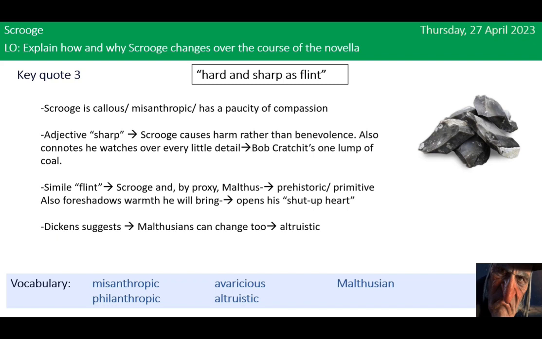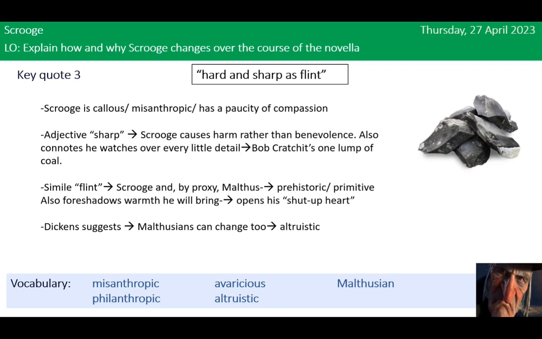Next quote, hard and sharp as flint. Scrooge is callous, misanthropic, and has a paucity of compassion. Paucity is a really nice word for lack of. So here's a lack of compassion or a paucity of compassion. The adjective sharp shows that Scrooge causes harm rather than benevolence, because sharp things cause harm.